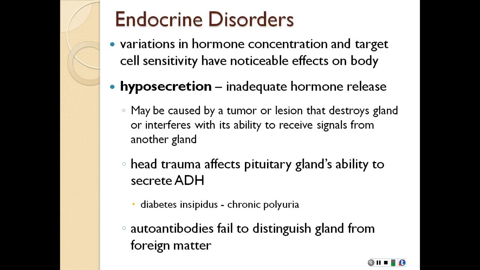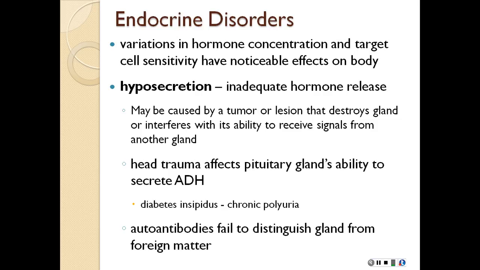So if the pituitary is not able to release ADH, then there's going to be an increase in urination, and that's called polyuria. You all should be familiar with that term. Polyuria means excessive urination, and that condition is called diabetes insipidus. So this form of diabetes has nothing to do with blood glucose, nothing to do with blood sugar at all.